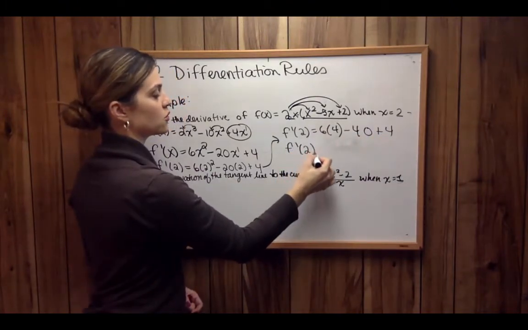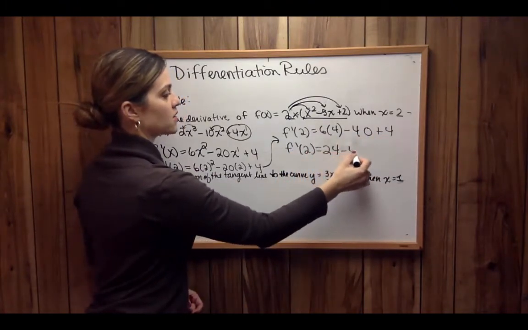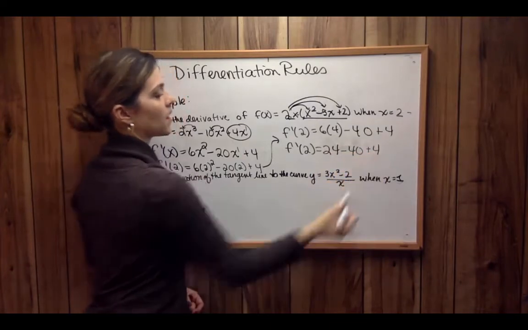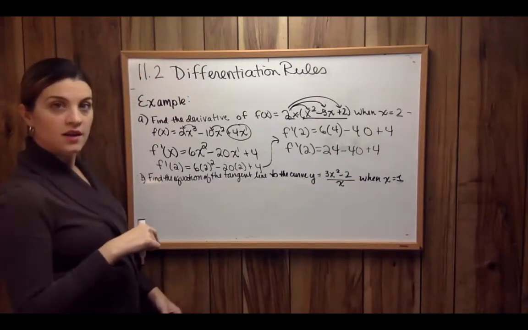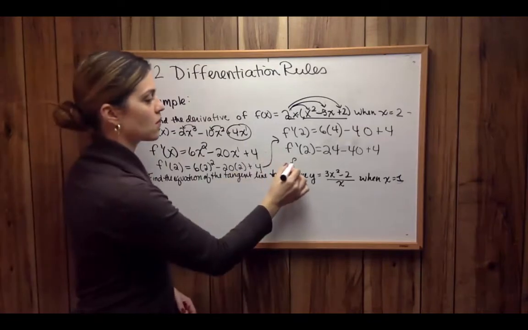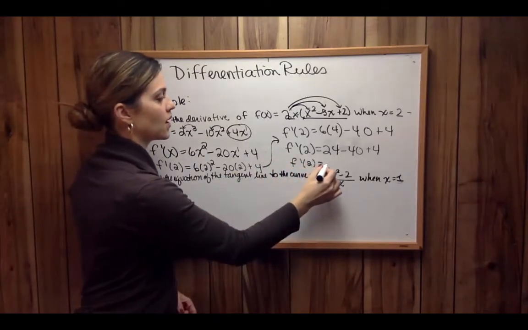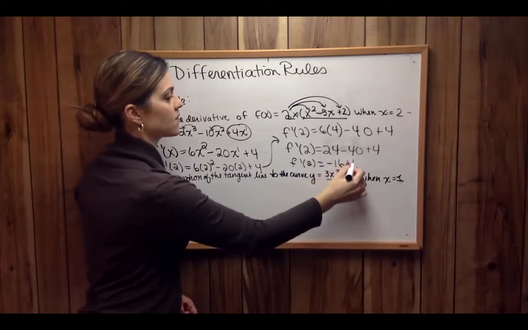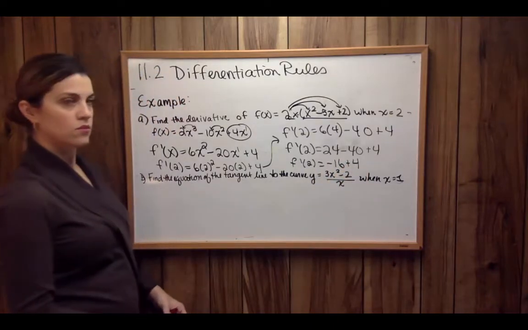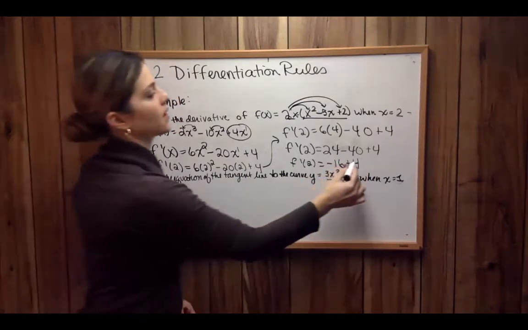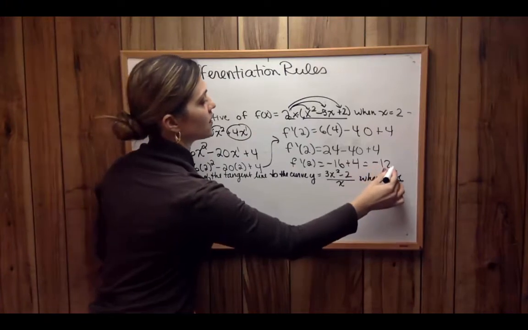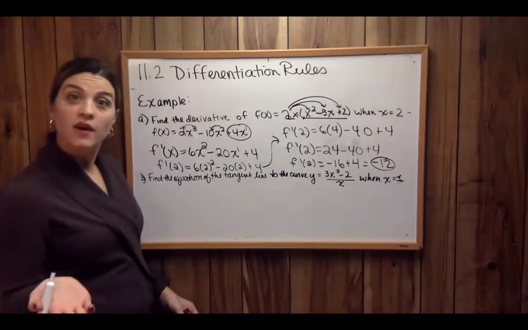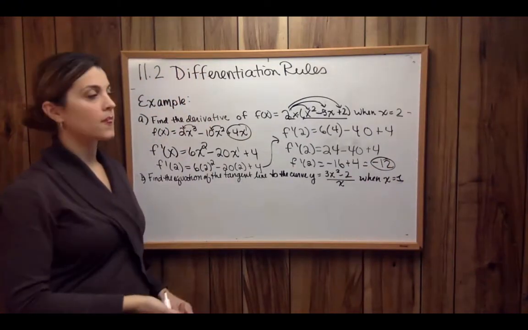So f prime of 2, 24 minus 40 plus 4. 24 minus 40 is going to give you a negative number. It's going to give you a negative 16 plus 4. And that gives you a negative 12. Slopes could be negative, right? So that's your negative slope, negative 12.